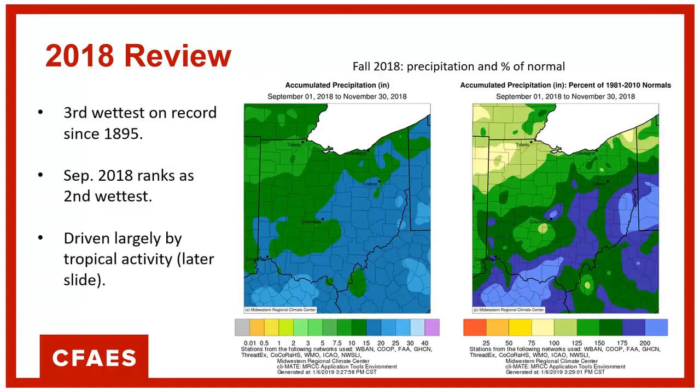So it was pretty high in the southeast. 2018 for Ohio as a whole turned out to be the third wettest year on record. September was the second wettest September on record. And this was driven largely by some tropical activity. We had Hurricane Gordon come through. So that kind of inflated those receipts.